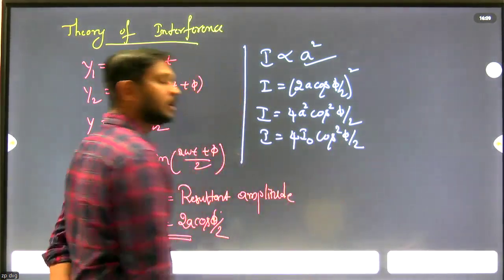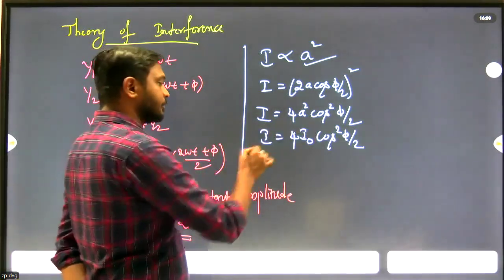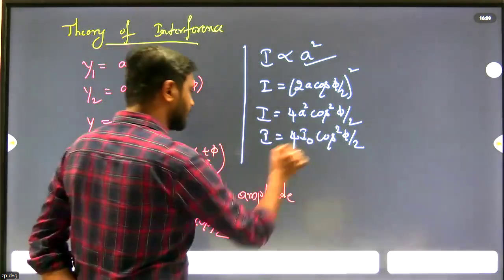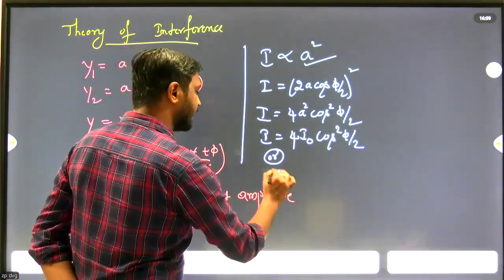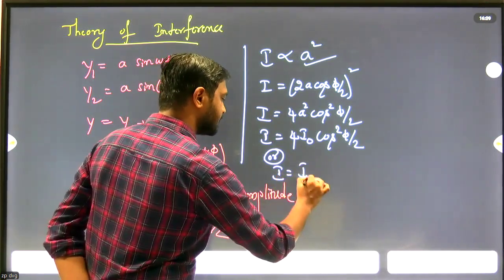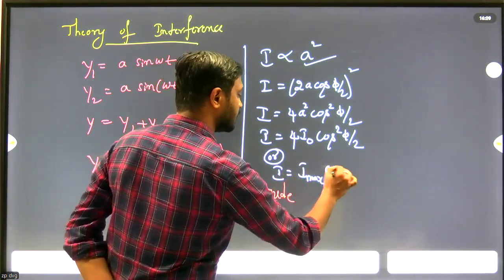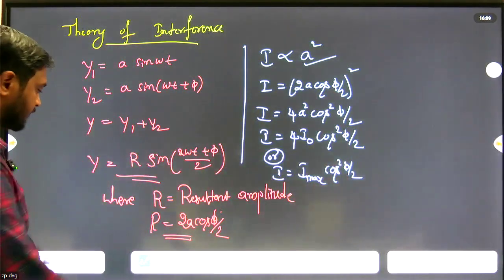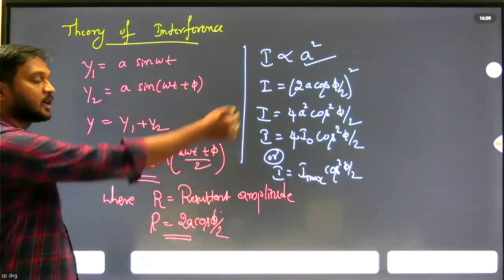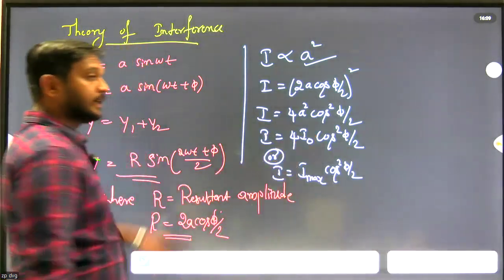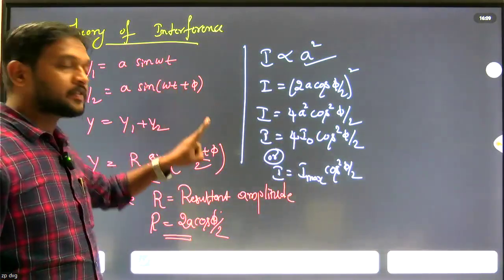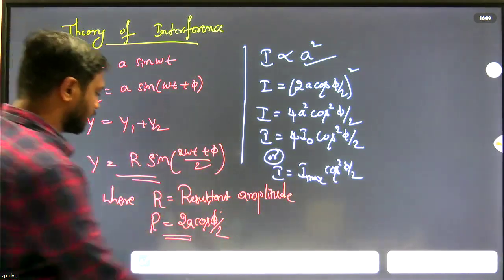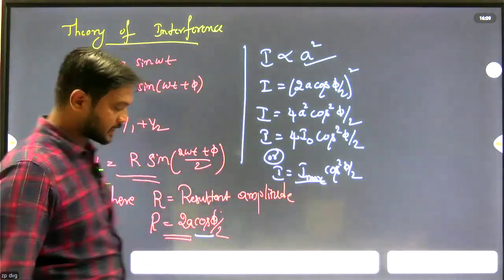This is the formula to calculate the intensity of the resulting wave. And I equals I maximum cos square phi by 2. These are the formulas for the resultant amplitude and intensity when two waves have the same amplitude and same wavelength. So note these formulas.